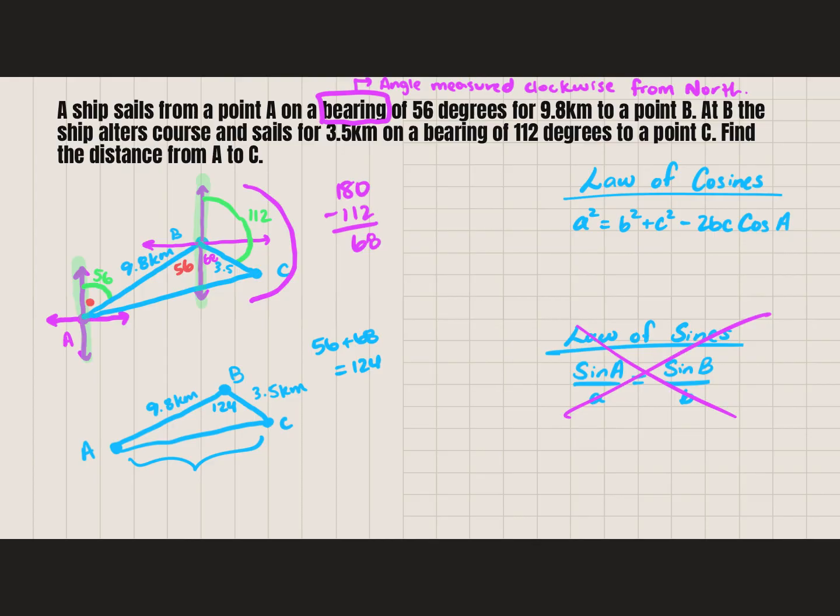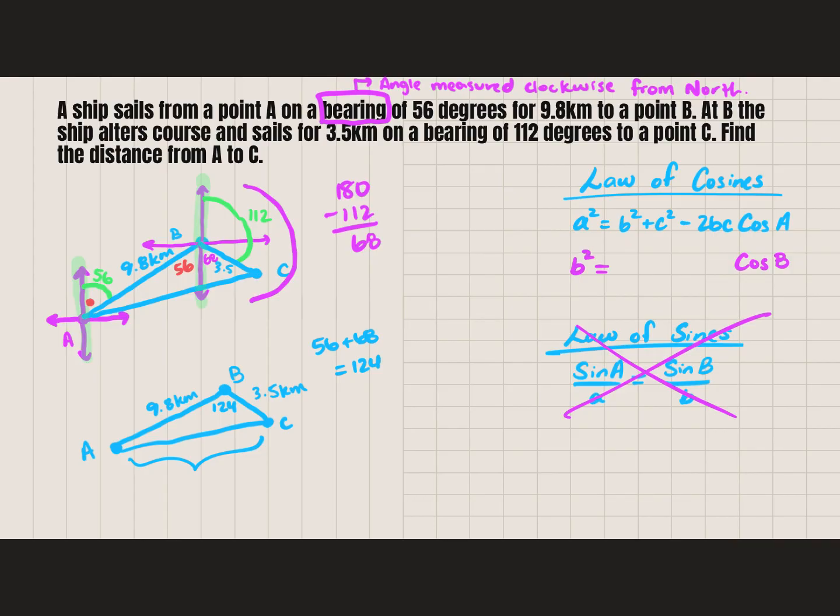What you might notice, though, is law of cosines as currently written is not set up the way my points are currently labeled A, B, and C. Because I know angle B, but law of cosines as written is using angle A. So I'm going to readjust my law of cosines so that this is cosine of angle B. But if I have angle B in my cosine, that means side little b has to be the thing across the equal sign.